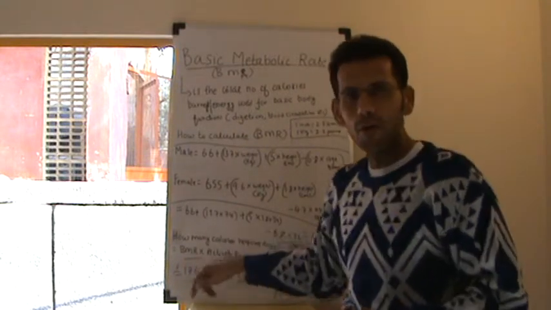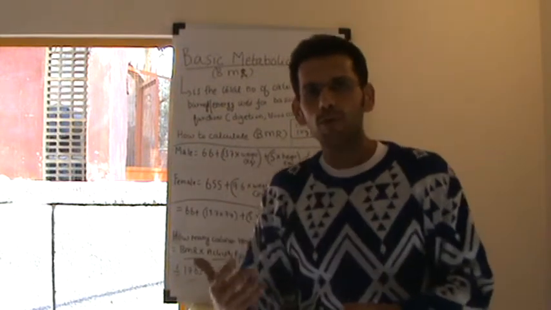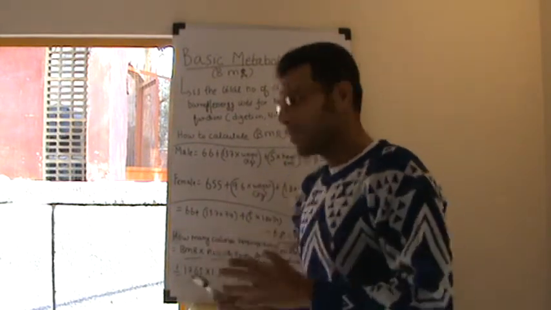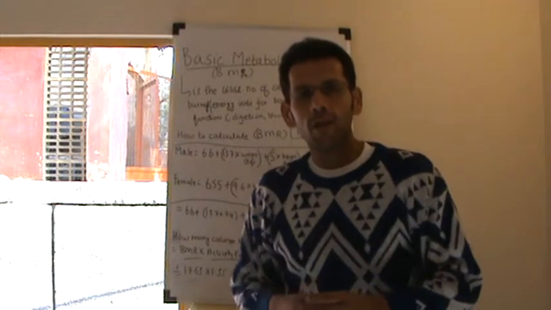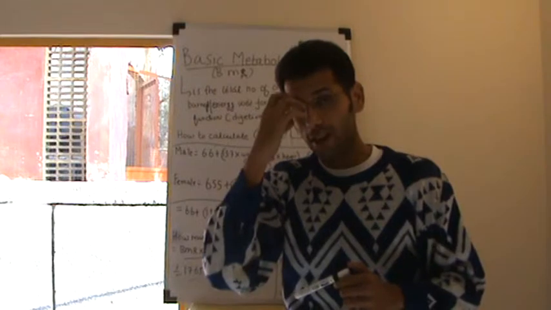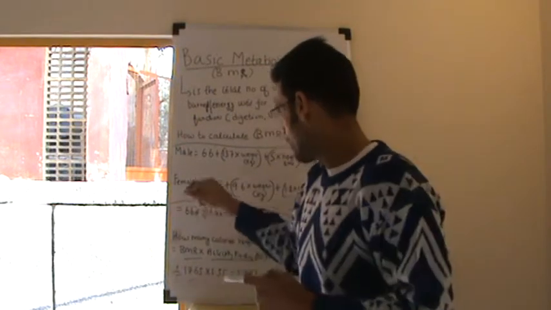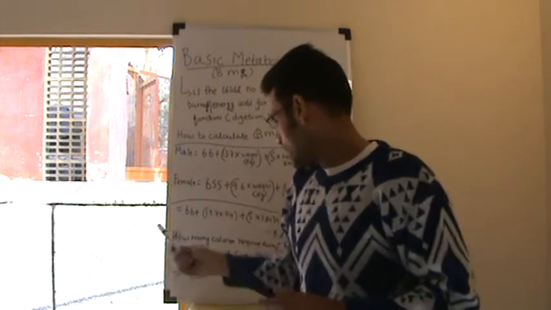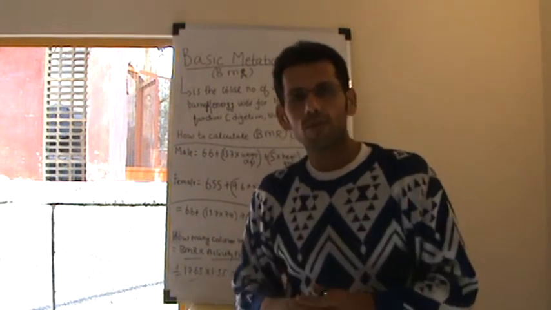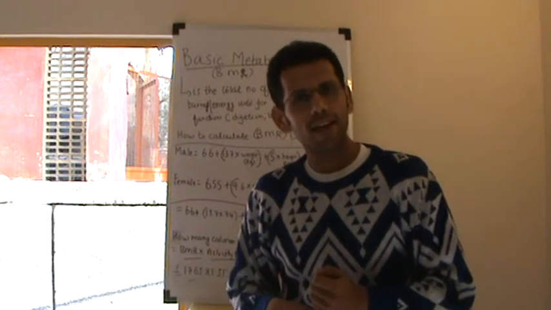That is the amount of calories or energy required by you daily. So after you have calculated your basic metabolic rate, just try to focus on the number of calories daily. It's as simple as that.